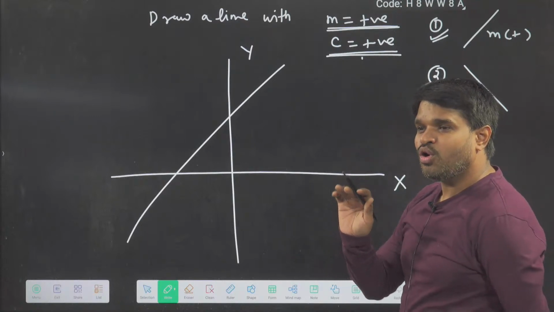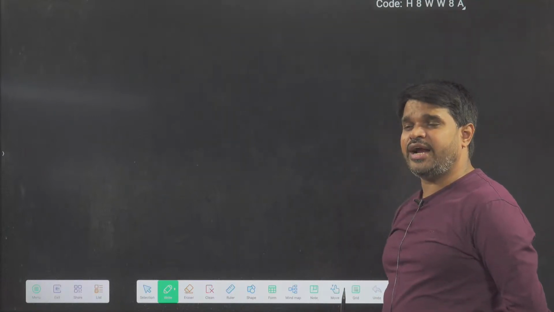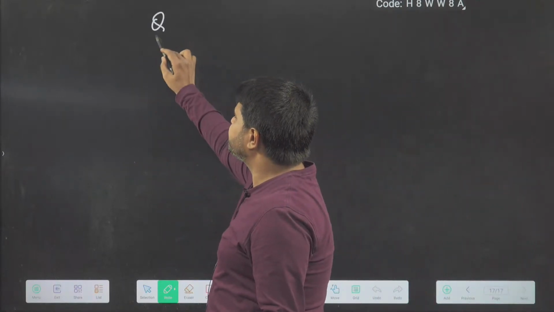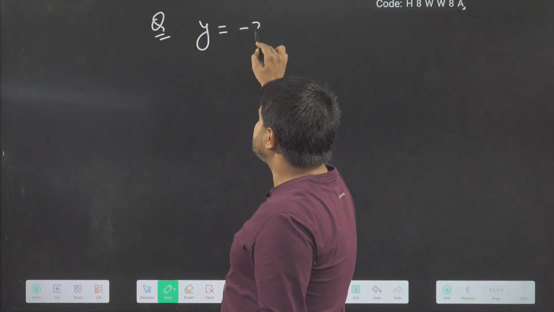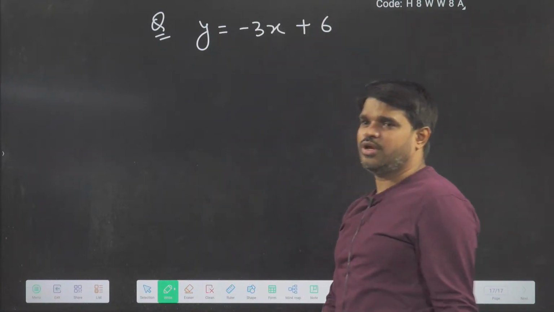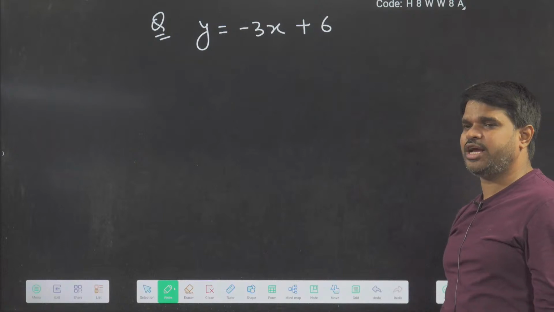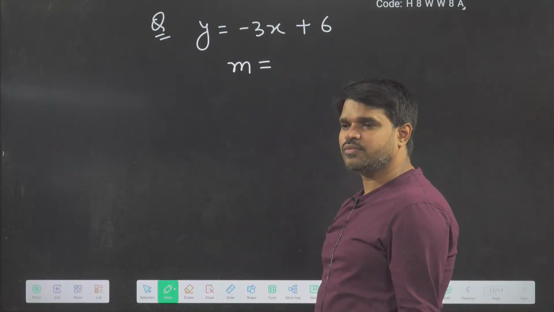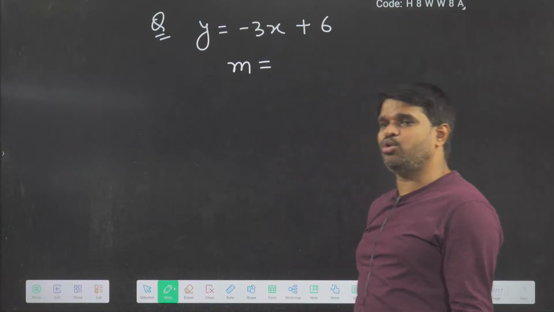Now let's try to understand how to draw a general equation. Okay, question: y equals minus 3x plus 6. Who will tell me the m value?